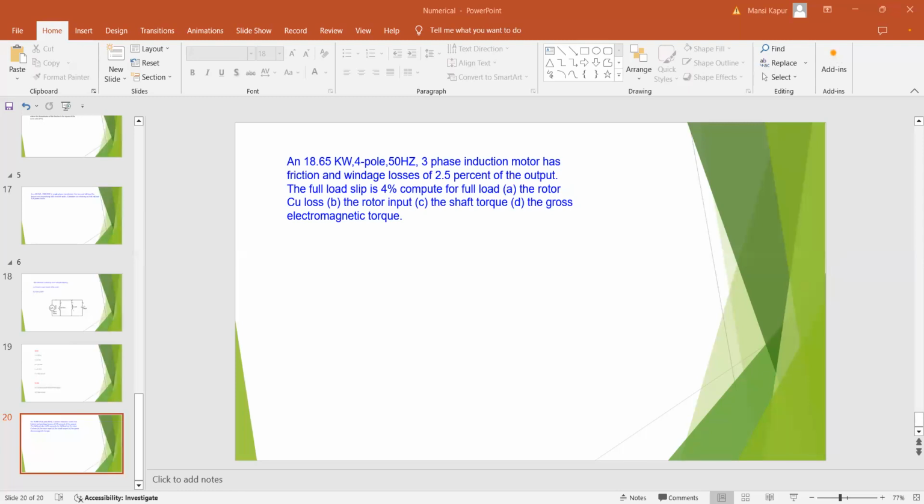So we have to calculate rotor copper loss, rotor input, shaft torque, and gross magnetic torque. So losses are how much? 466 watt.